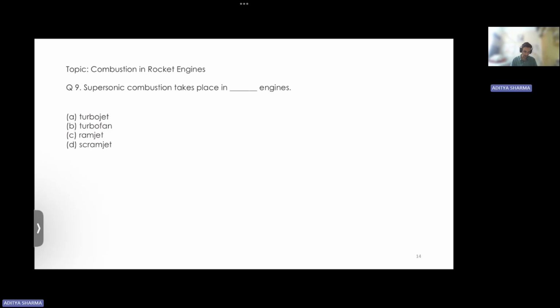In all the first three options, your combustion is subsonic. And your last option is scramjet engines. A scramjet engine is basically a supersonic ramjet.